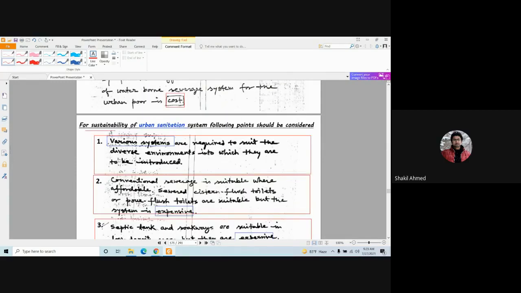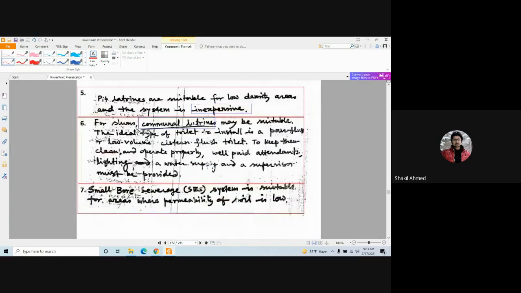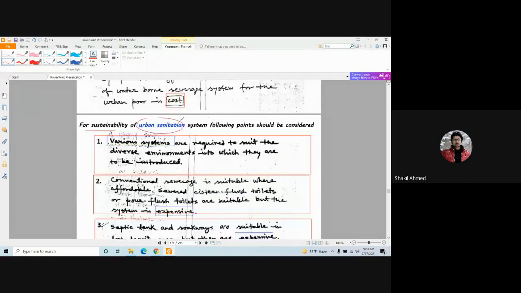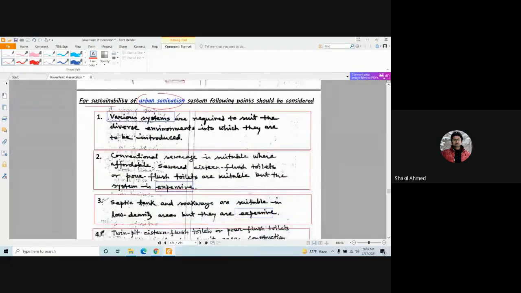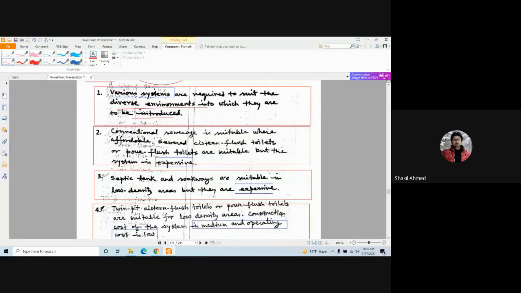For sustainability of an urban sanitation system, the following points should be considered. First of all, various systems are required to suit the diverse environments into which they are to be introduced. Conventional sewerage is suitable where affordable.